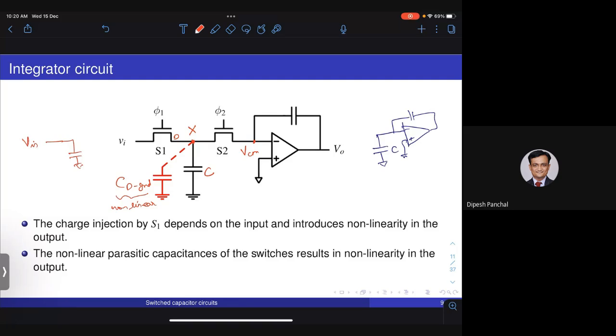But the problem is there is still an op amp here, right? There is still an amplifier there. As technologies have been scaling, you might have been hearing that analog performance keeps getting degraded while digital performance keeps getting improved, which means that the switching performance of devices is very good, but analog performance is not that good.